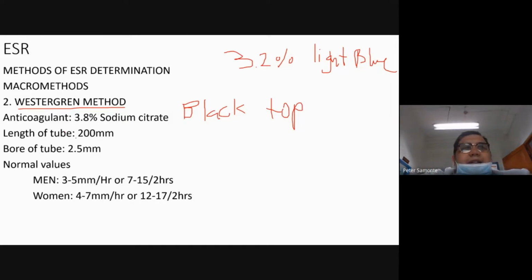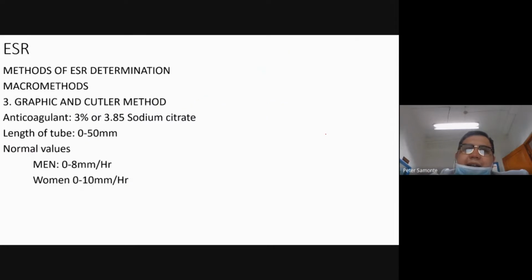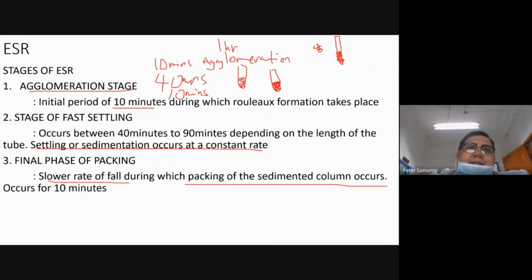Now, in your Westergren class, you would use a tube with a length of 200 millimeters. Merong bore of tube na 2.5 millimeters. Normal value nito, class, is 3.5 millimeter per hour. Or kung gagawin mo siyang 2 hours, kasi may ibang variation ng Westergren na instead of 1 hour na binabasa, kaya nga earlier class, there is a 90-minute here sa stage of fast settling nyo.